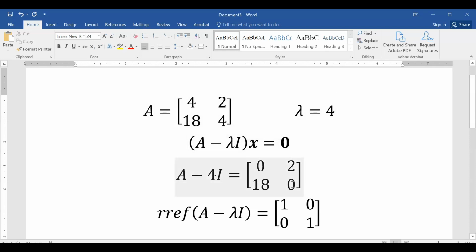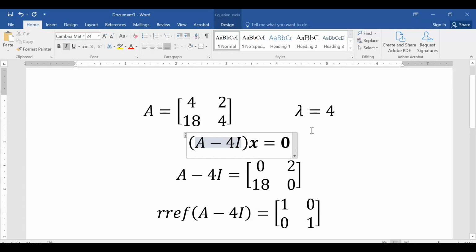So we get that. Now, if you row reduce A minus 4 times the identity, what you'll get is the identity matrix. And what that means is that the only solution to this equation when I have lambda equals 4 is the trivial solution.